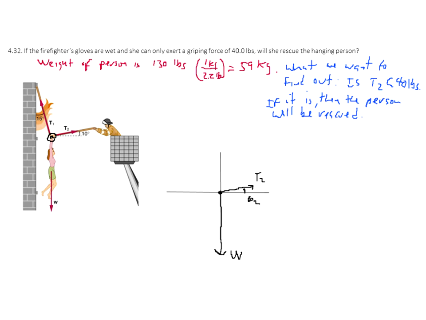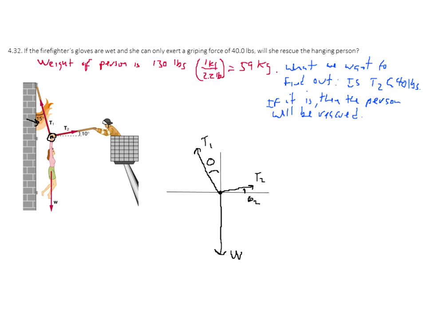All right, and then we'll just call this theta 2. And then we've got T1, and they give us this angle is 15 degrees. So we can call that 15 degrees from that axis.